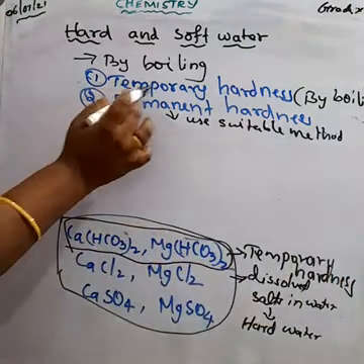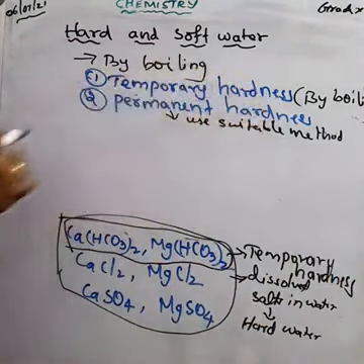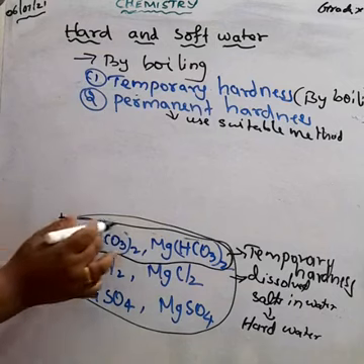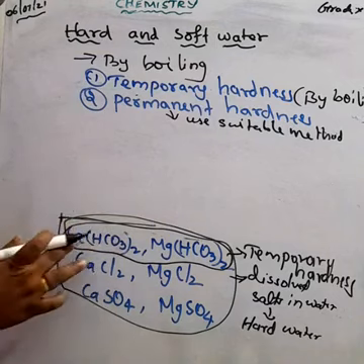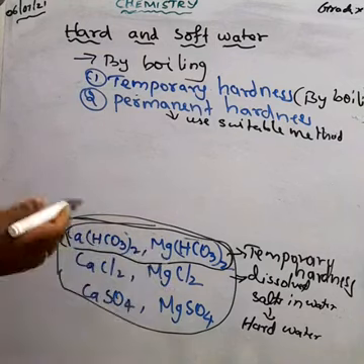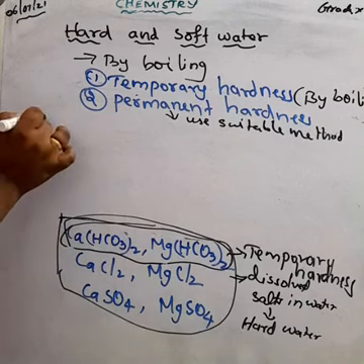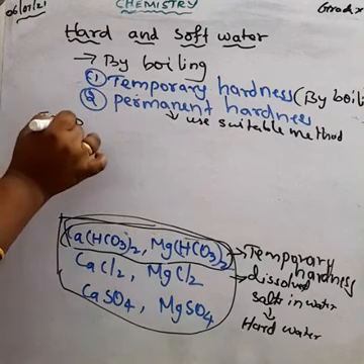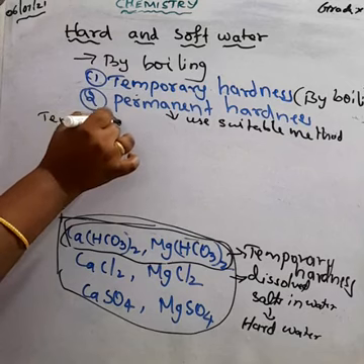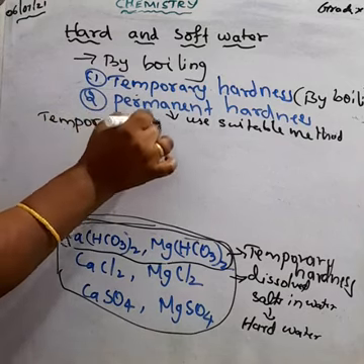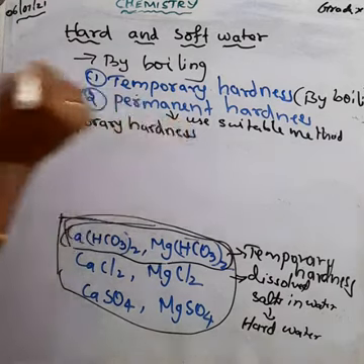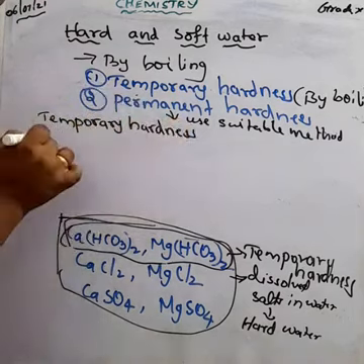When we are boiling the water, these salts, that is calcium bicarbonate or magnesium bicarbonate, decompose and form a precipitate, and it settles at the bottom of the vessel.